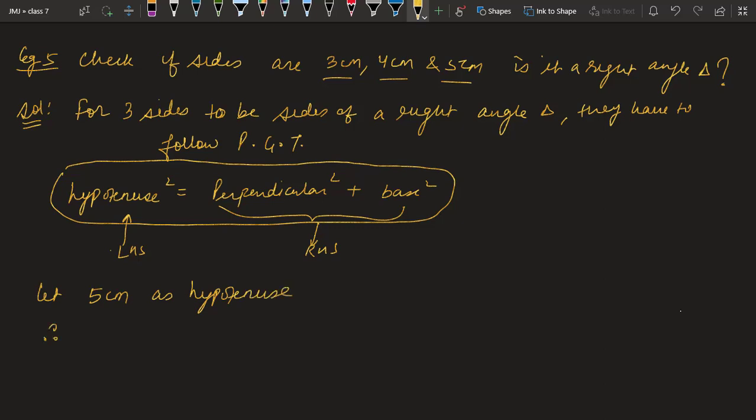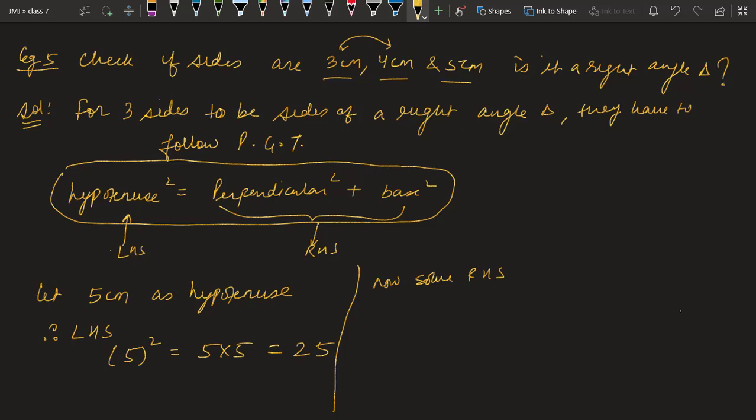Therefore, find left hand side. Left hand side means you have to find hypotenuse square, which is 5 square is equal to 5 into 5, that is 25. Now I am making this column and now I am going for the right hand side. Solving the right hand side, the remaining two are 3 and 4. Either of them can be perpendicular, either of them can be base, so there is no issue.